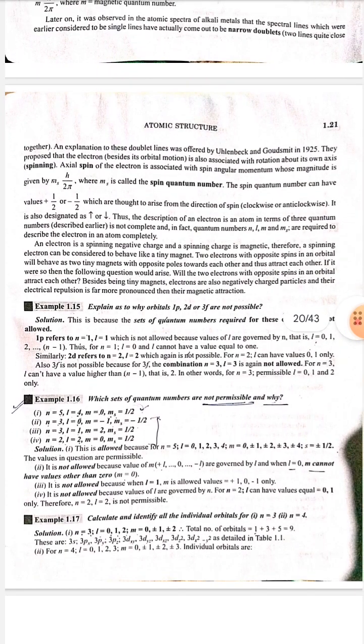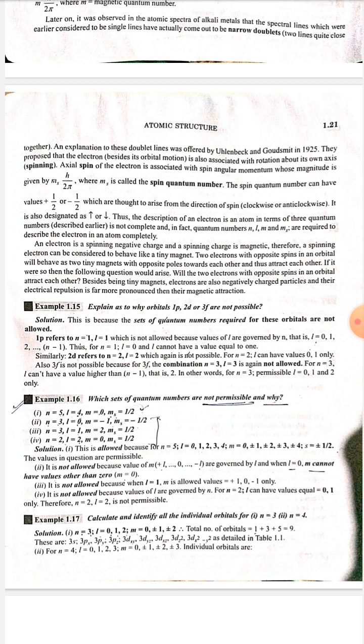An explanation of these doublet lines was offered by Uhlenbeck and Goudsmit in 1925. They proposed that the electron, besides its orbital motion, is also associated with rotation about its own axis, spinning.